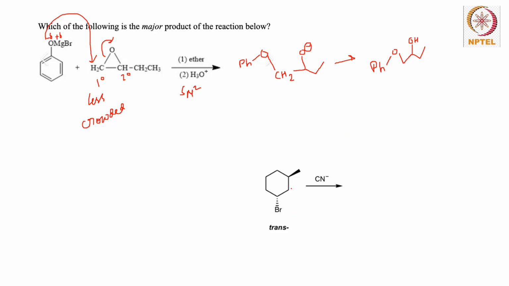Now next is based on cyclohexane. If you just try to solve this on this structure, it may be wrong, because we know that in case of cyclohexane, where a group is above and below, there is a specific stereochemistry. So let's try to draw this. We know the stable form of cyclohexane is this chair form.